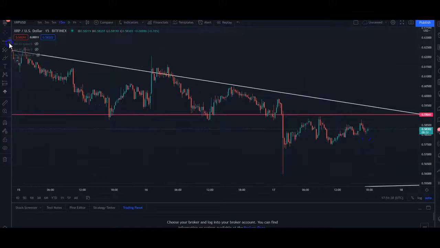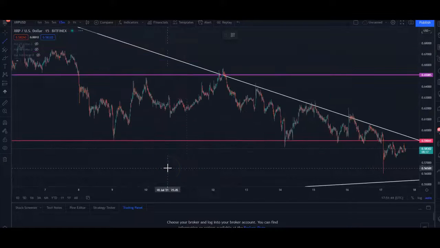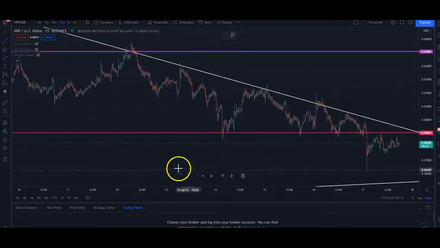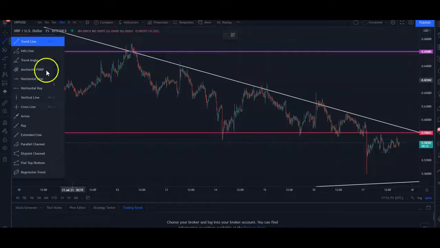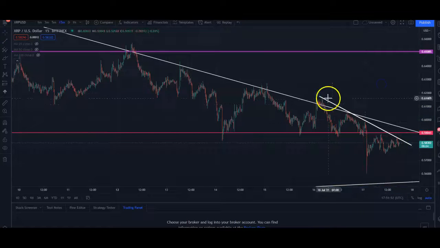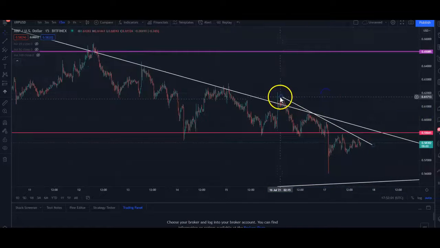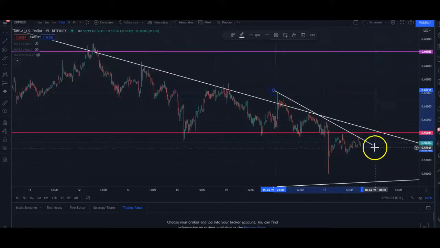So on the 15-minute, I like to see if we have any potential new trend lines coming into play that I could start to look for, like maybe on the 5-minute, a potential quick setup for a binary trade. So what I do is I'll go here, and I'll just connect the high points of the wicks.